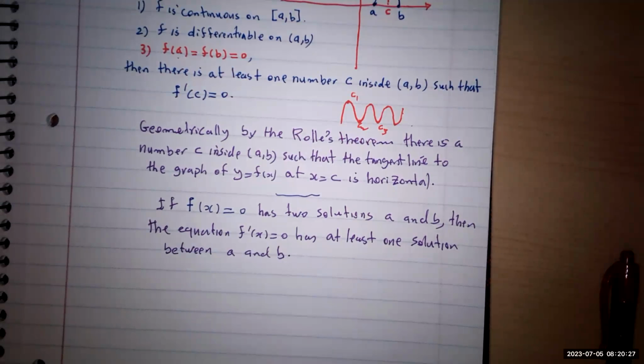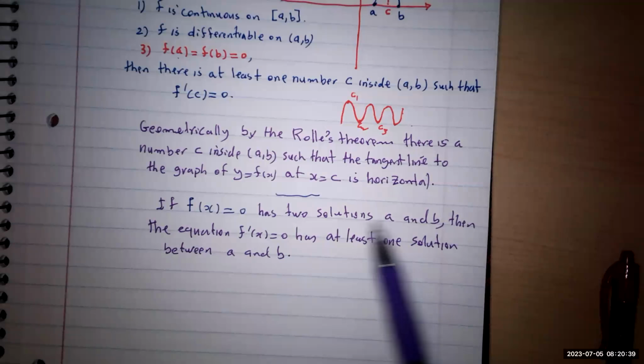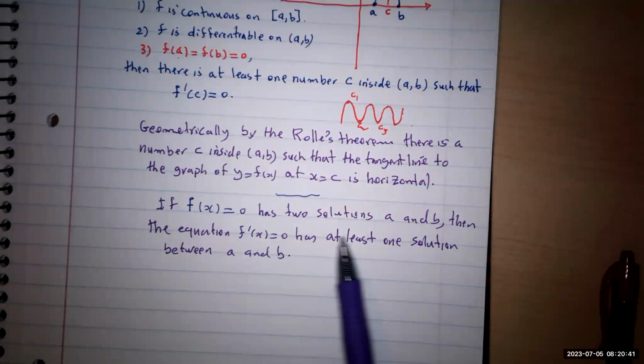So between any two solutions of the given equation, if you differentiate the equation, that equation would have one solution less. So if this equation has three solutions, then when you differentiate it, the result would have at least two solutions. If this equation has 10 solutions, the differentiated equation would have at least 9 solutions. We can use this to prove a great theorem. We call it the fundamental theorem of algebra.